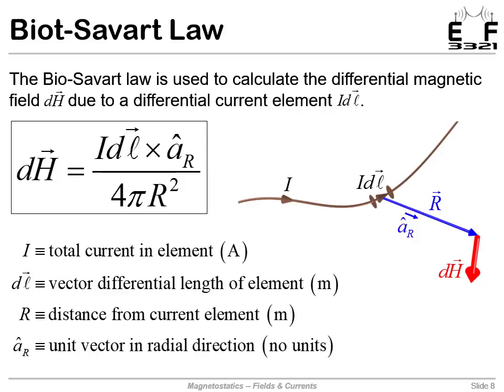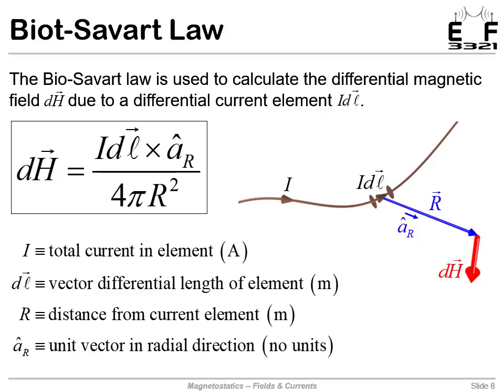Well, our little differential current element induces a differential magnetic field that would circulate around it. And we can learn a lot about the relation between the current and the magnetic field just through this Biot-Savart law. So let's take a look at this.